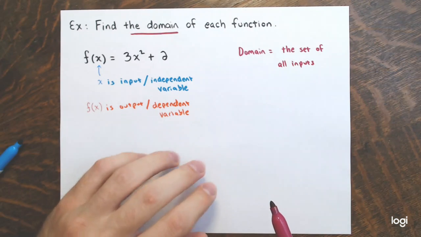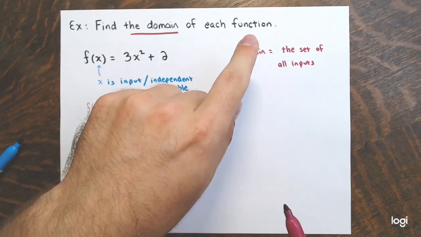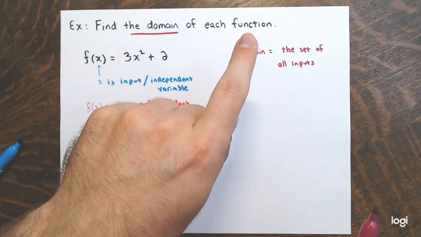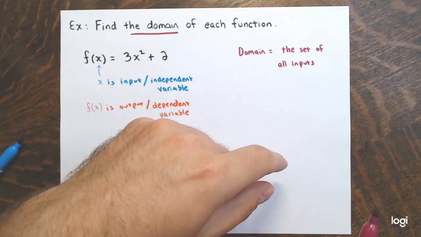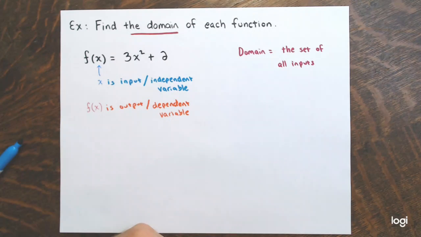And for a function especially, the definition was every value of the domain corresponds to exactly one value of the range. And the range is the set of all the outputs. But I'm only asked to find the domain here.